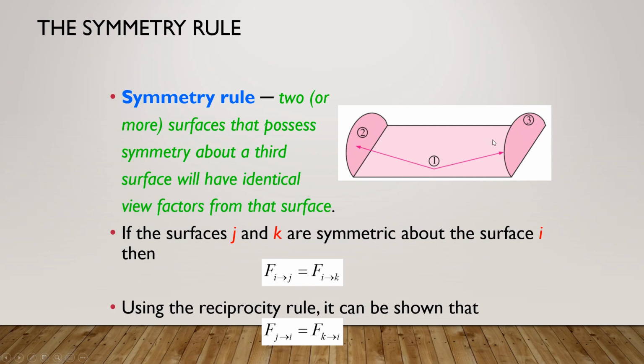Same area, same dimension, that is symmetry. If you have more than 2 of the same surfaces, then you just add up all of them and divide by 3, since all of these surfaces have the same areas.